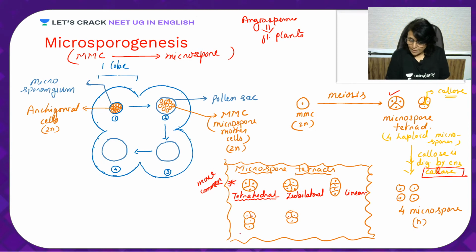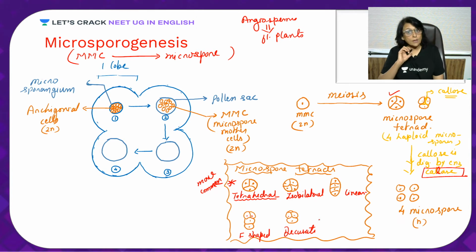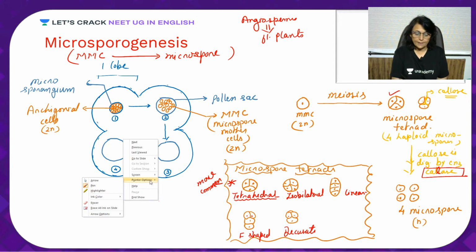This is known as F-shaped, and the last one is known as decussate. These are not that common. So isobilateral, linear, F-shaped, decussate, not very common, maybe 2%, 4% like that. But the majority of microspore tetrads are in the form of tetrahedral arrangement.